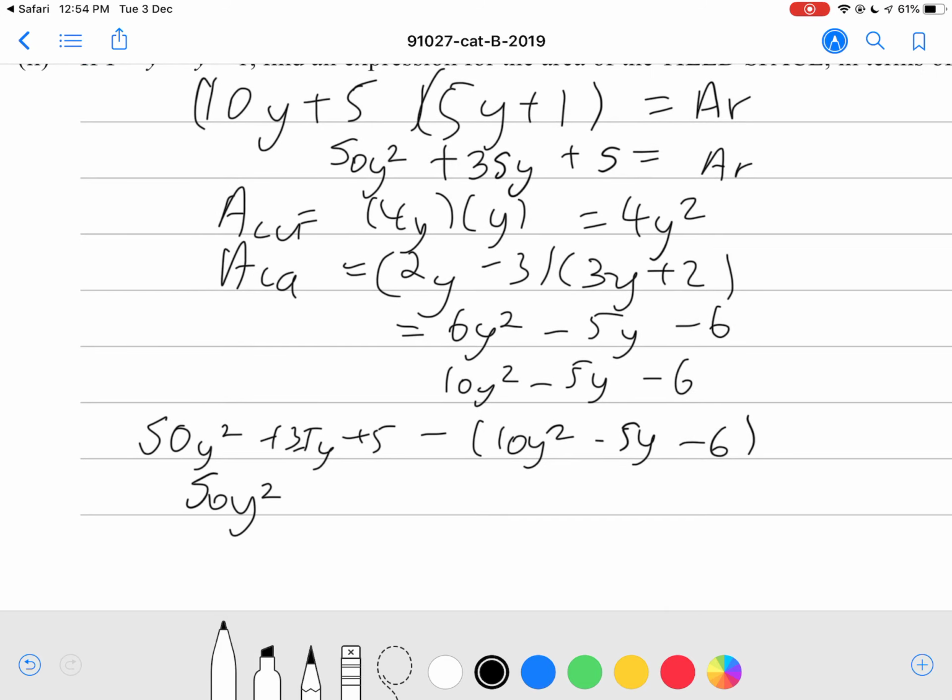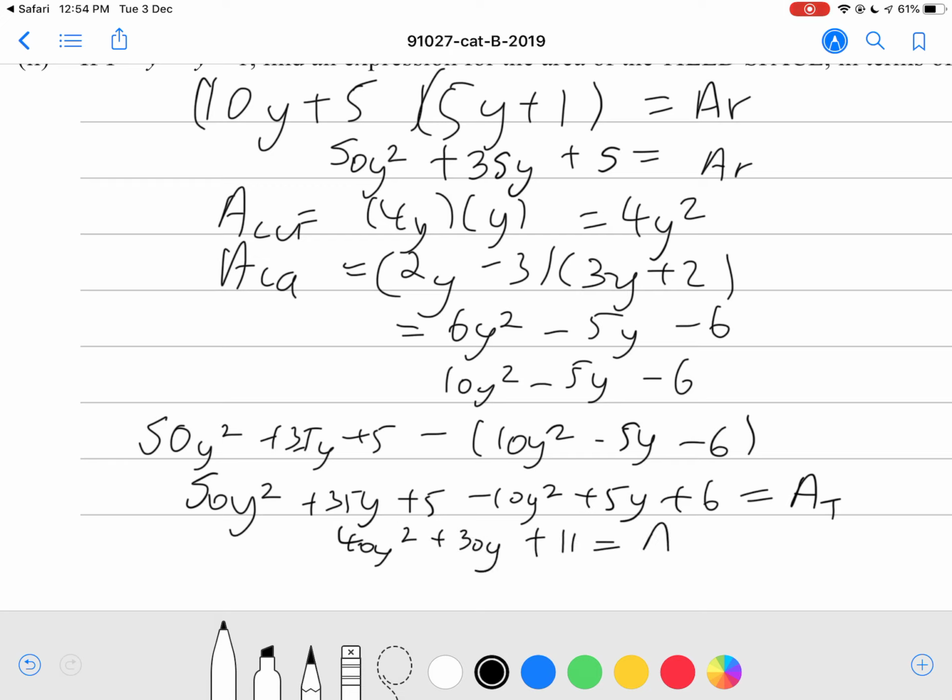Once we expand the brackets, a double negative makes a positive, so negative of negative 5y is positive 5y, negative of negative 6 is plus 6. And that's the area of the tiled space. So 40y squared plus 30y plus 11 equals the area of the tiled space.